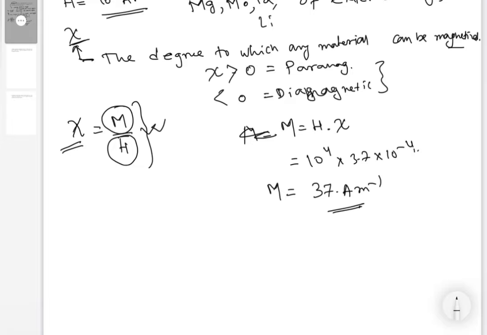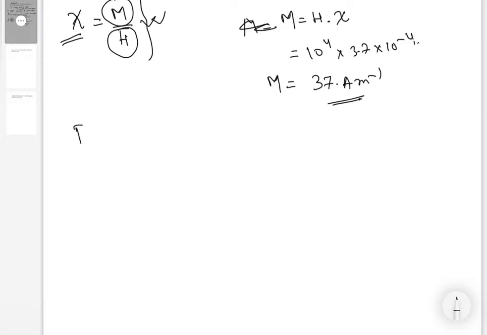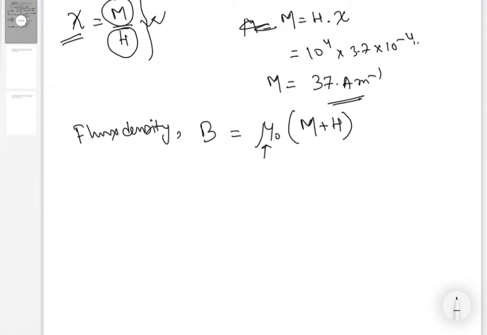This is the magnetization. So ultimately, what is the flux density? The flux density is given by the parameter B, which is equal to mu naught into M plus H, where mu naught is the permeability of free space. This is the magnetization and this is the magnetic field intensity.